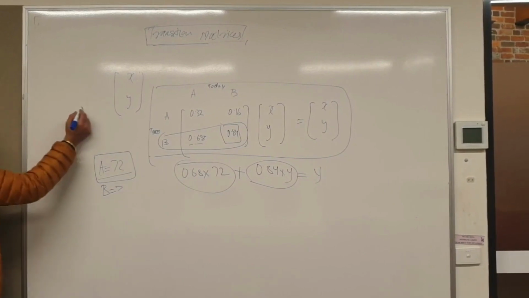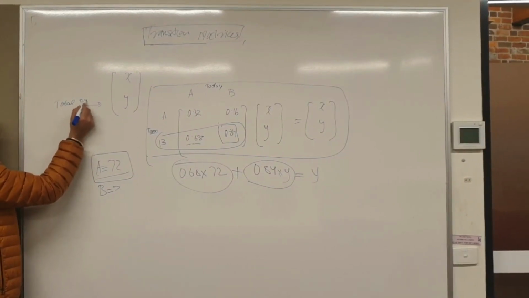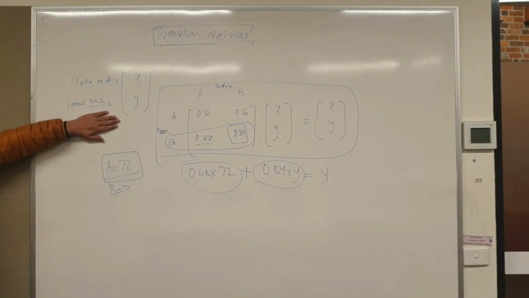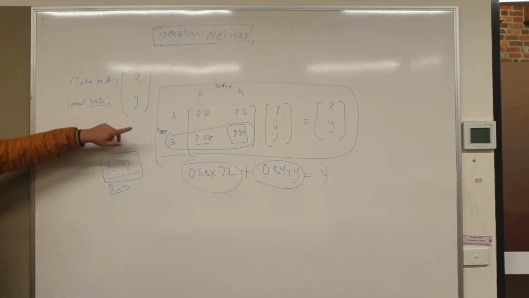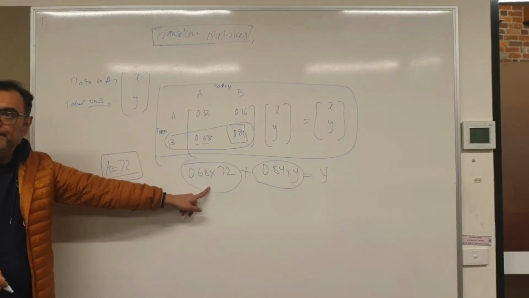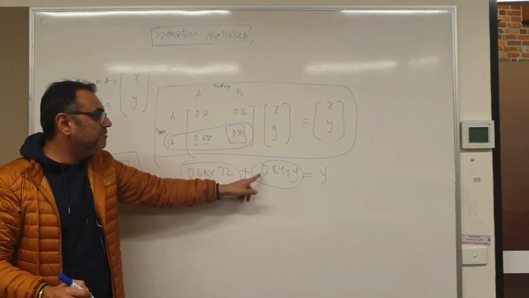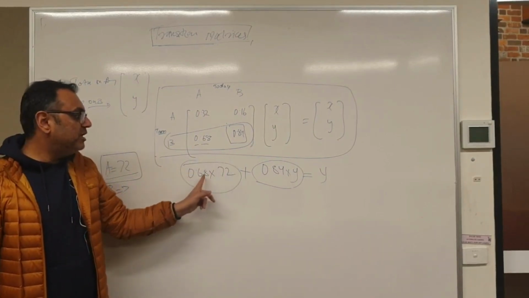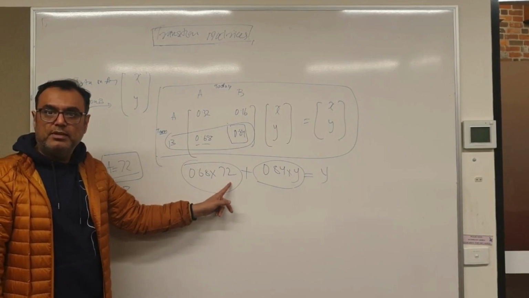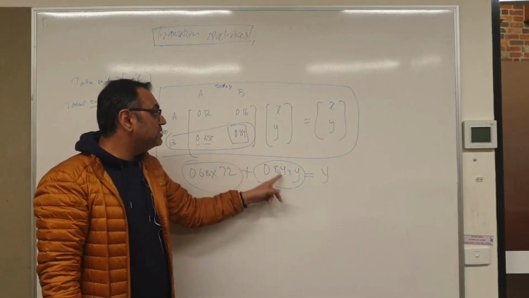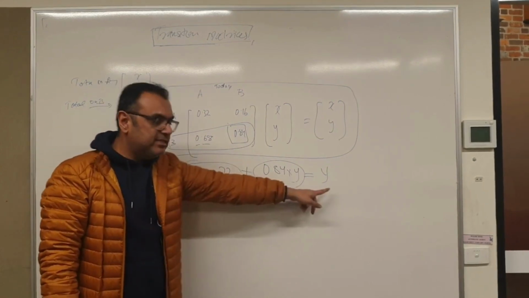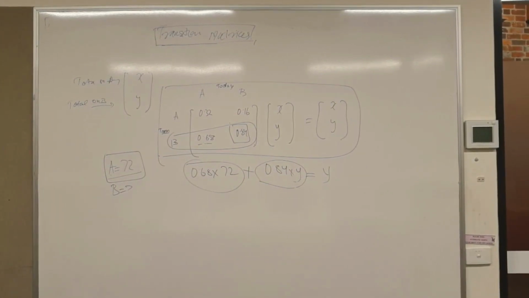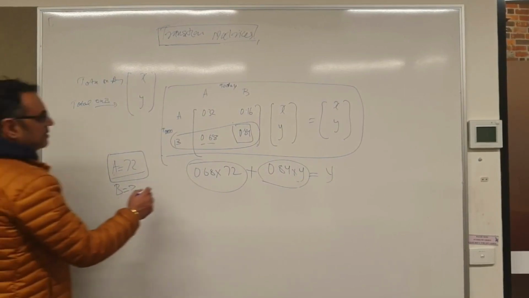So what I'm trying to say is let Y be the total workers on B, and this is total on A. So on B, how many workers will be there? 68% coming from A and 84% coming from B. B was Y. A was given to me, so I have calculated 68% of 72 and 84% of B. Now B is Y. I add them and that'll be Y itself, the total number. I solve it and I get the answer.